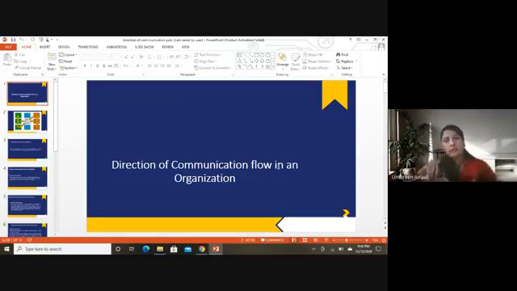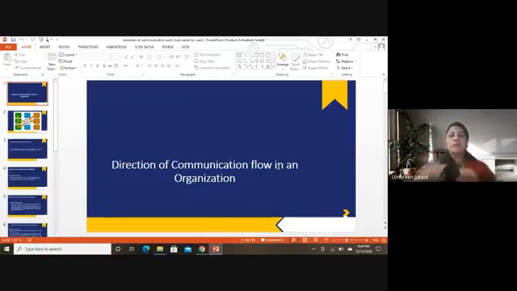So sometimes communication is from the people in the organization who are down in the hierarchy, at a low level, and they communicate upward. Sometimes the people at the top, the top management, communicate downward, and that is downward communication. Sometimes departments get together to have a meeting, that is lateral communication, meaning communication moving horizontally.